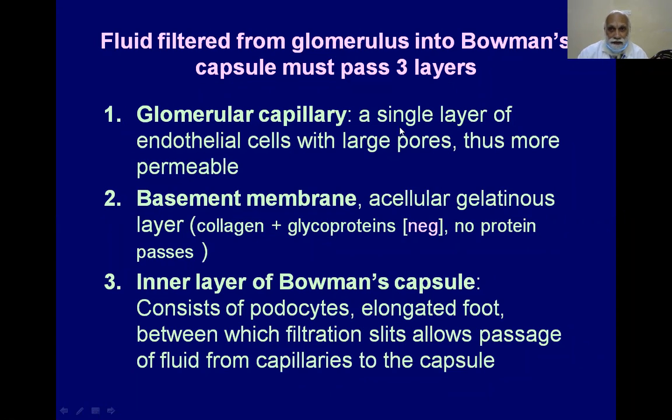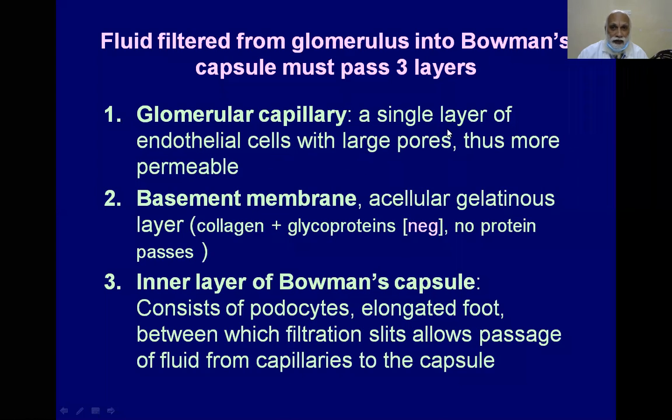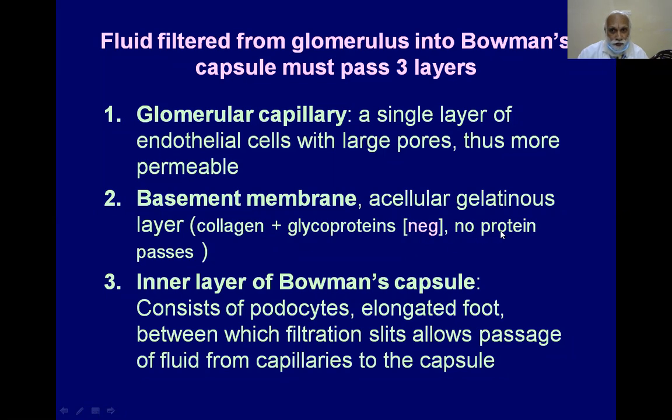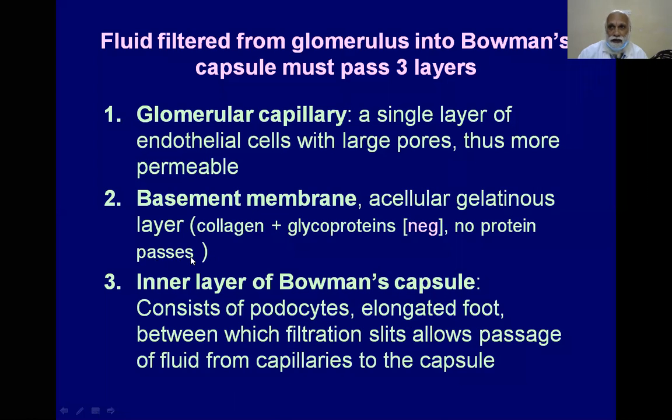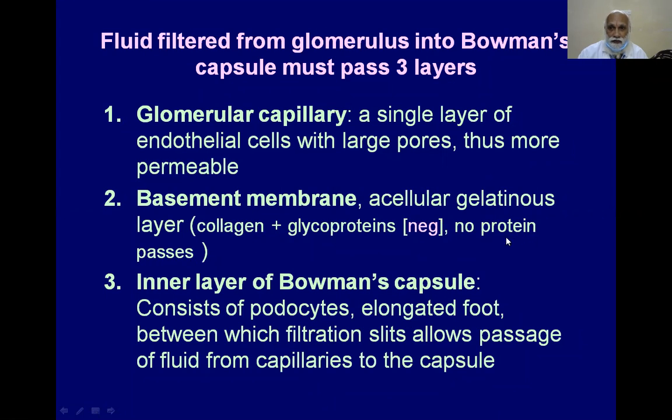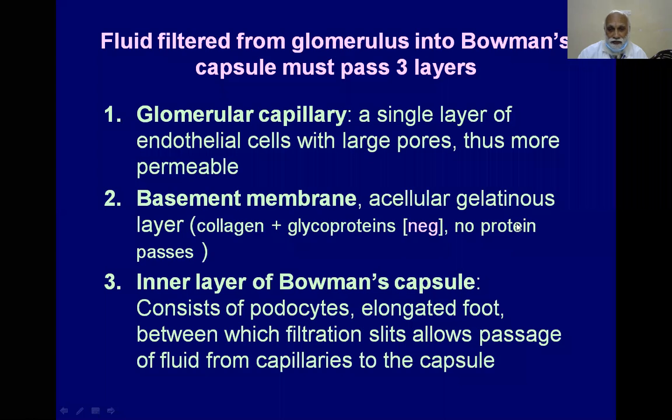You will find the filtration is very high compared to the systemic circulation. Then there is the basement membrane, an acellular gelatinous layer having collagen and glycoproteins. They have a negative charge, and no protein passes through, because the proteins also have a negative charge.